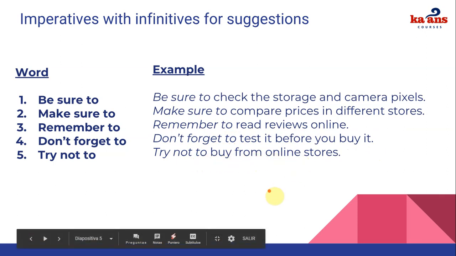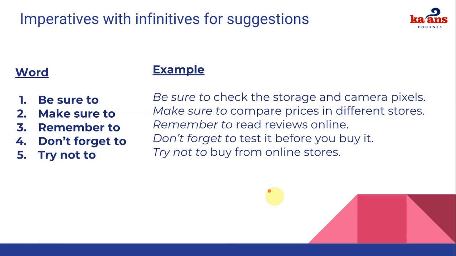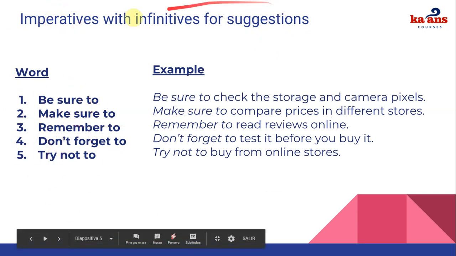So imagine John giving this information to Jane so she can make the best decision to buy a smartphone because you are giving suggestions. Okay, suggestions with imperatives. These are the imperatives, and the infinitives, all of them have to, and all of these are examples of infinitives.